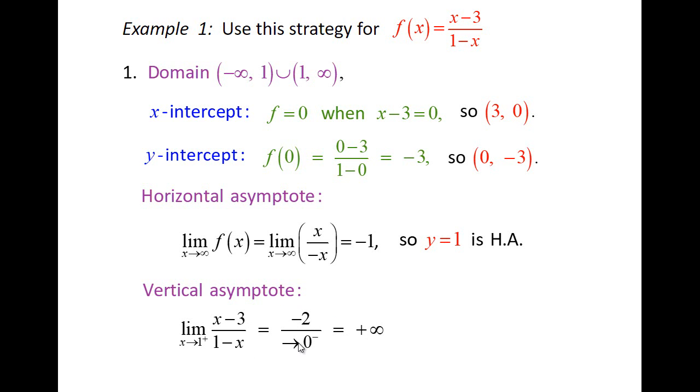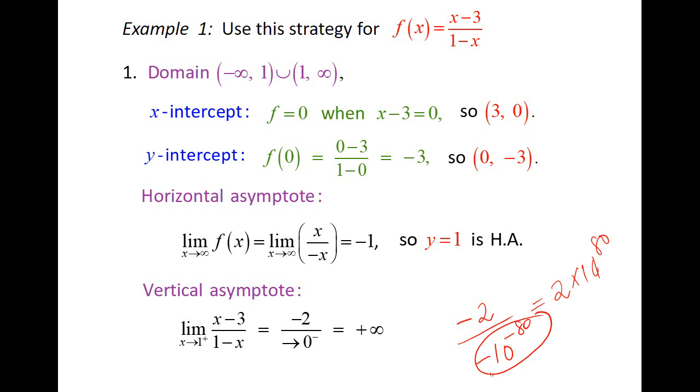So imagine that the denominator is something like negative 10 to the power negative 80. This is a number that's very close to 0, and then this is equal to 2 times 10 to the power 80, which is big.